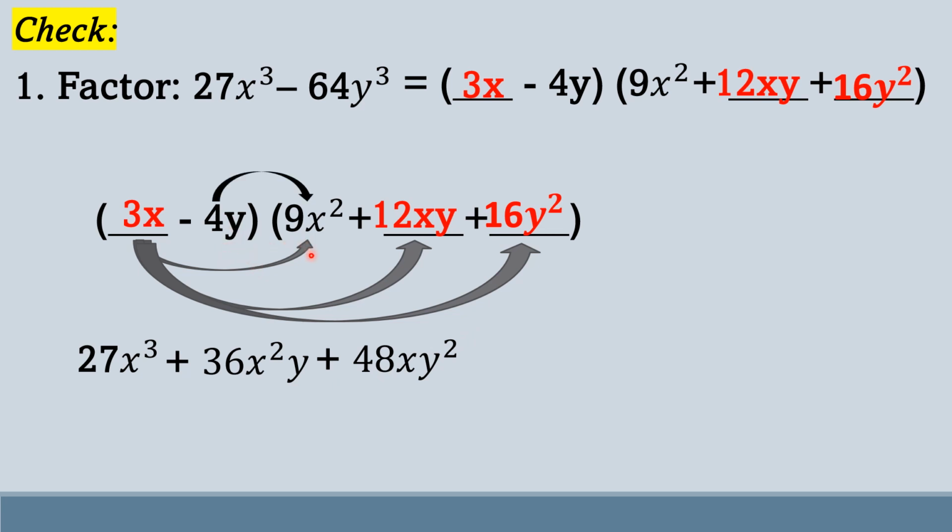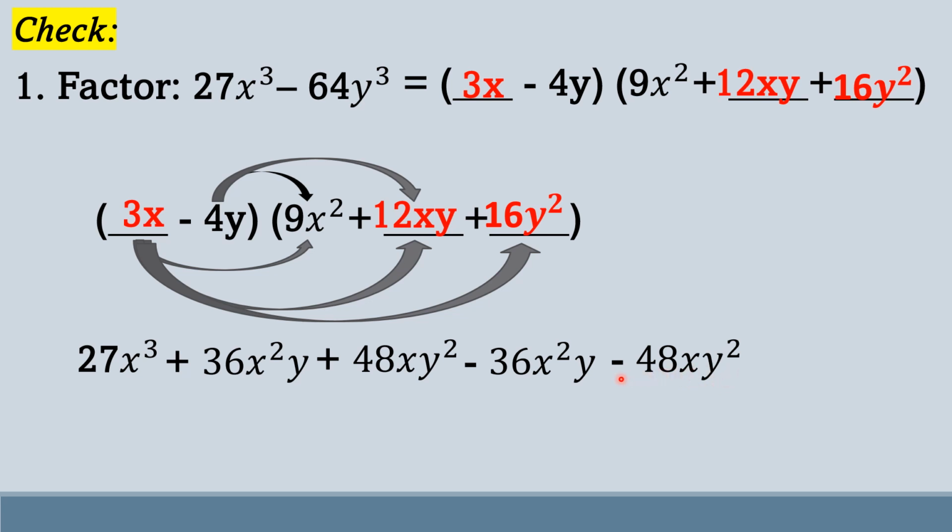4y times 9x squared will give us 36x squared y. So minus, because we have here unlike signs. Next we have 4y times 12xy. That will give us 48xy squared.